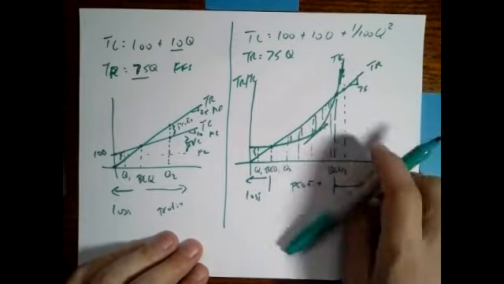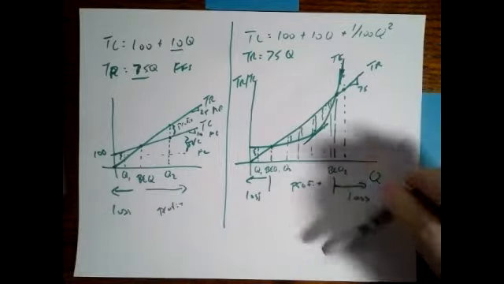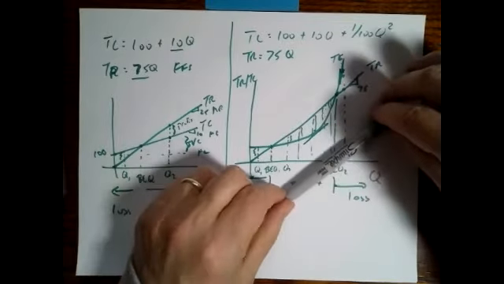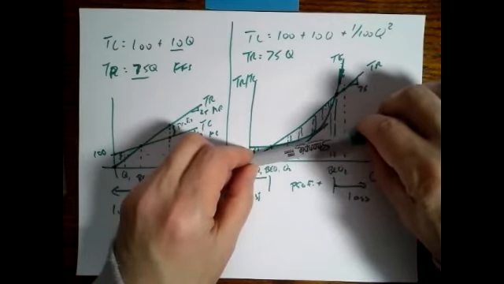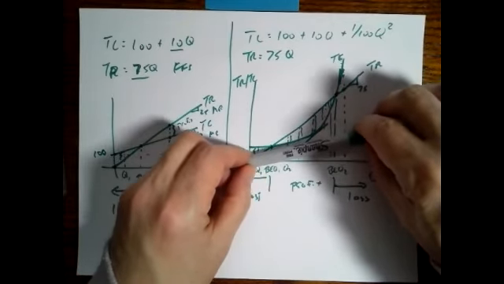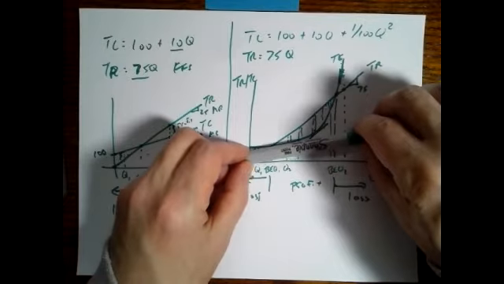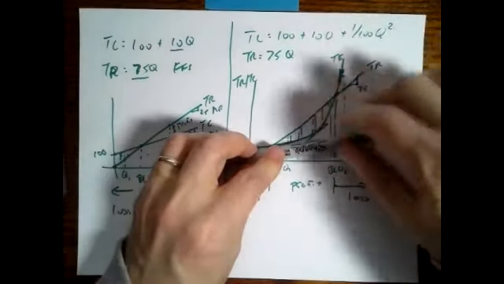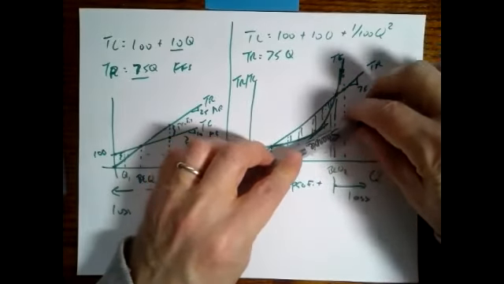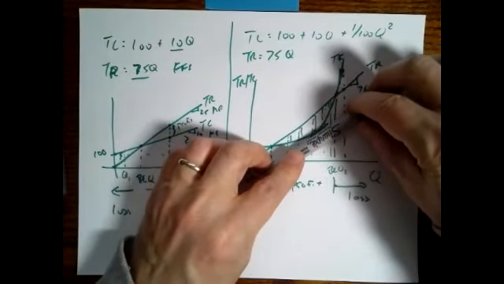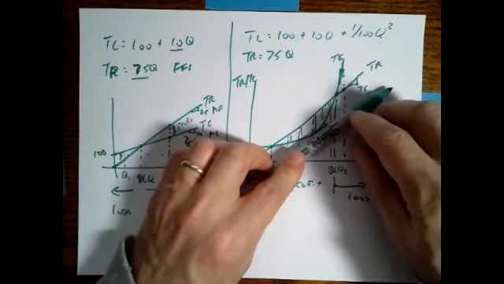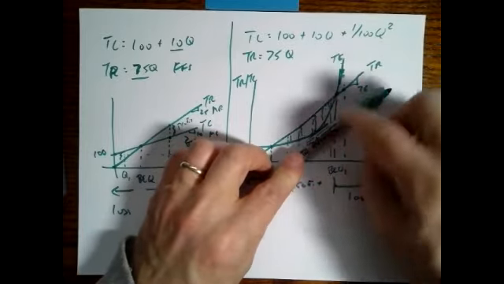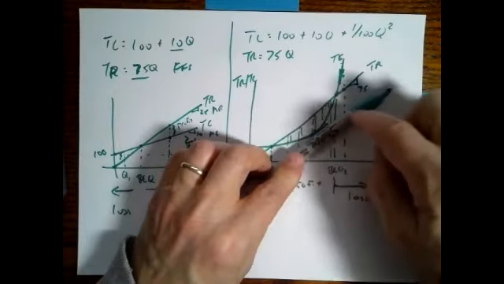If I take my pen, I'm going to substitute this in for a straight line, and I bring it up against the total cost curve, I can bring it up and it touches and makes a tangent like right there. But that's not parallel to the total revenue line. So I need to rotate it around until I find a point on the total cost curve where the pen is parallel to the total revenue curve.